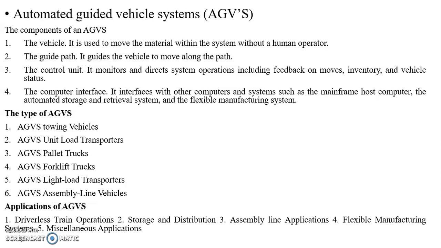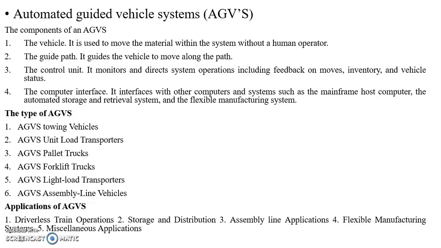And next one is AGV forklift trucks. These forklift trucks have the ability to pick up and drop palletized loads both at floor level and on stands. Here, the pickup height can be different from the drop off height. Next one is AGV light load transporters. As the name tells, light load means this is used to carry smaller loads, and these are designed to operate in areas where limited space is available.